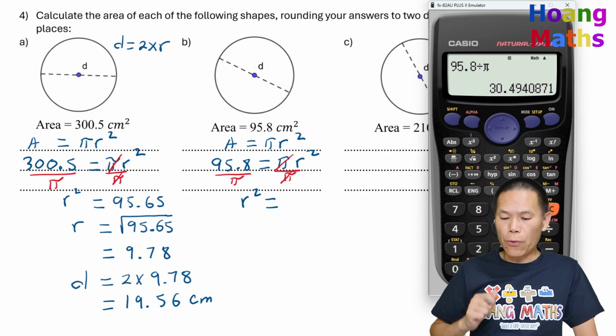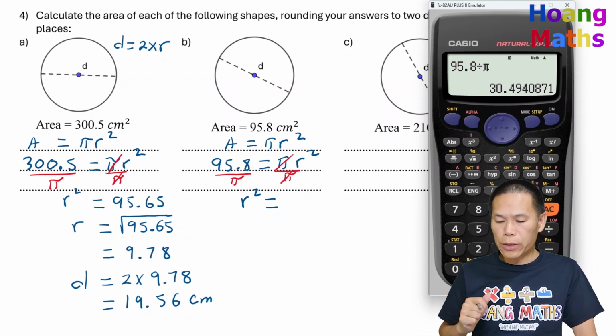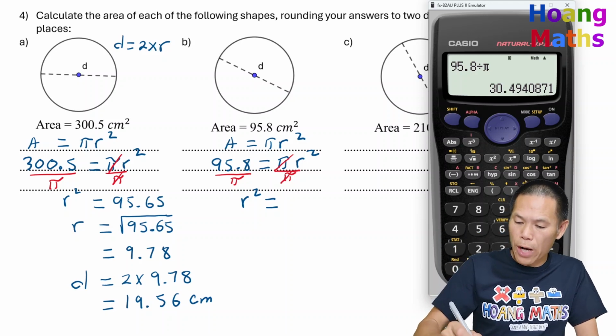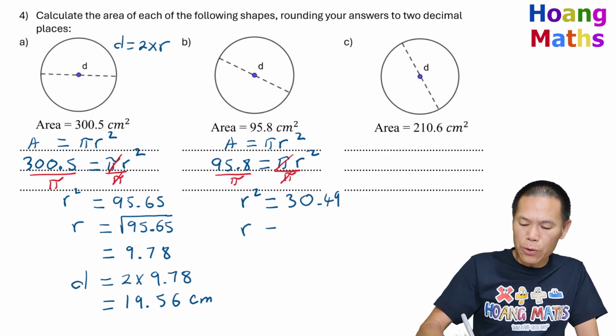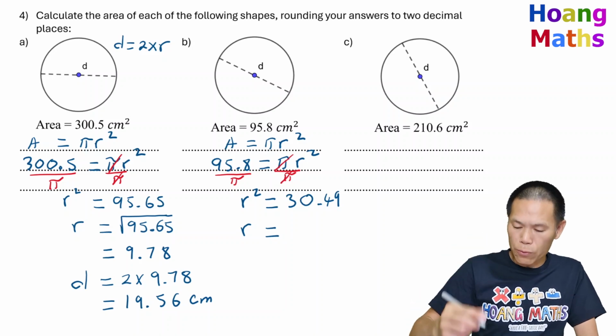So there you go, 30.494 and so on. So let me just write this down first. 30.49 for now, and then r equals the square root of that, because the opposite of square is square root.